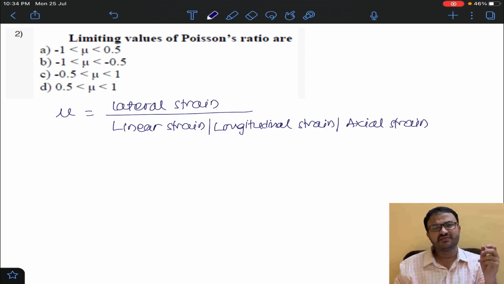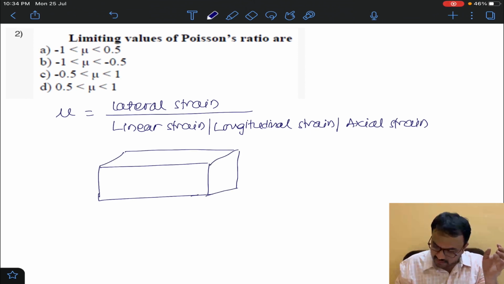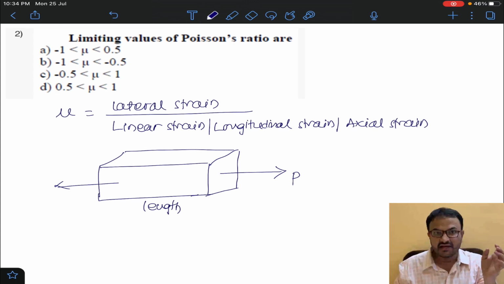So what is the difference between lateral and longitudinal? For example, I have taken a member. So I have applied load P along the length. This length direction we call the longitudinal direction or axial direction or linear direction.